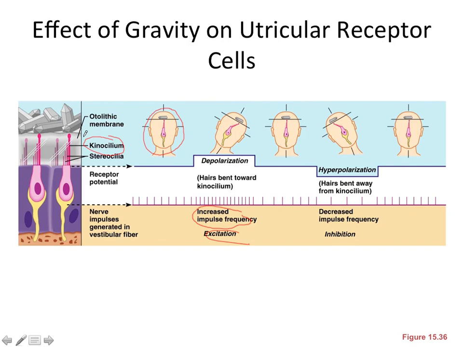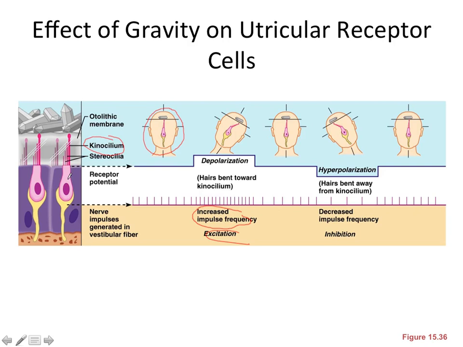Once the kinocilium pushes the stereocilia, all these hairs will be inhibited. That means the calcium ion channels and potassium ion channels will be inhibited, so no calcium or potassium ions travel into the hair cells.